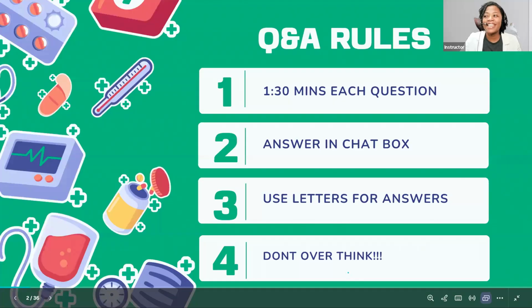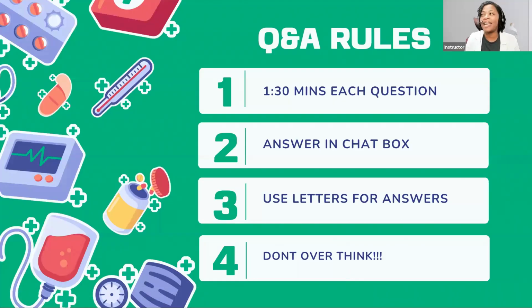All right. So once again, I'm happy to have you. Some rules of engagement. They pretty much are pretty standard. For every question, it'll be 1 minute and 30 seconds for you to answer. That is consistent with the time frame in which the NCLEX gives you, or they're suggesting that you spend about 1 to 2 minutes on a question. So about 1 minute, 30 seconds is kind of the sweet spot. So we're going to use that time.